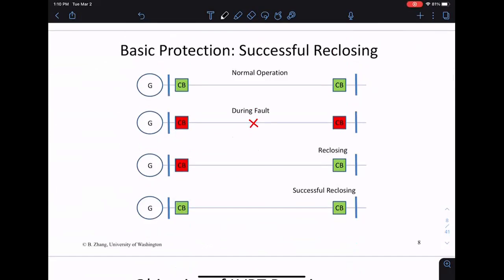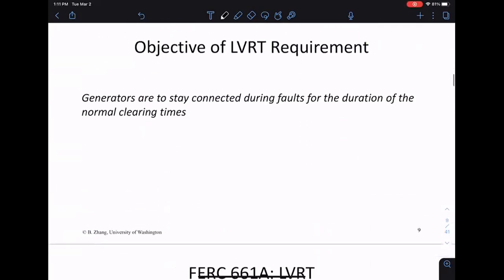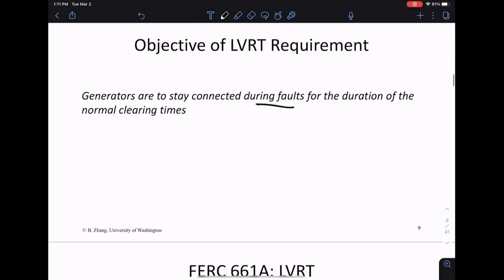And then our objective is to ride through this low voltage. You ride through these faults, and you have to stay on for the nominal or normal clearing time. That'll be 9 or 10 cycles in our system.